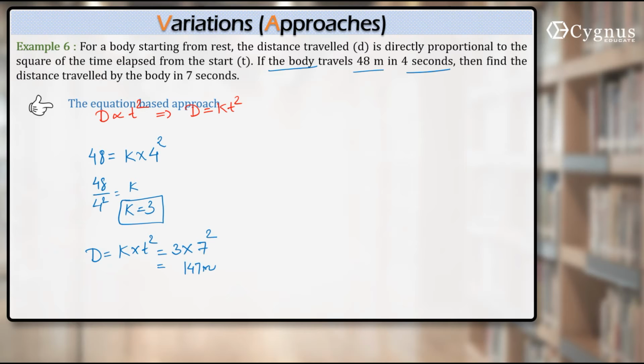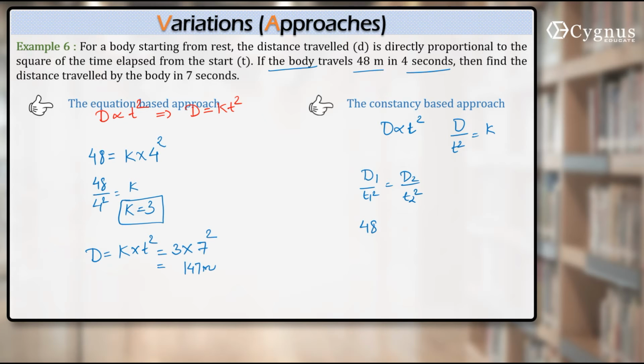If you don't want to solve it like this, there's one more way, the constancy based approach. We know that if two variables are directly proportional to each other, then the ratio has to be constant. That is d by t square must be equal to k. So the first condition, let's say d is d1, time is t1. Next, distance is d2, time is t2. Let's put the values here.